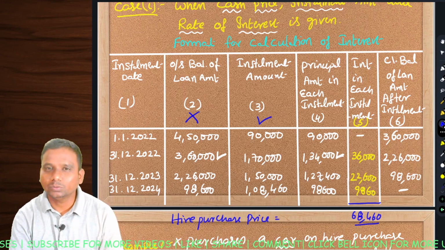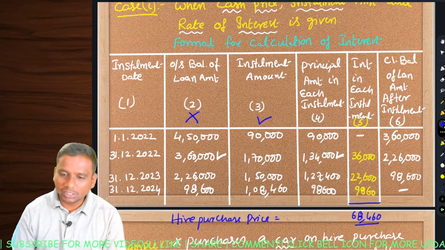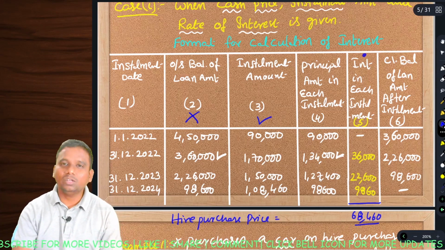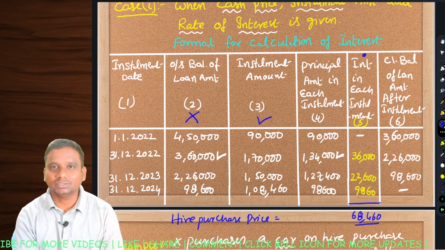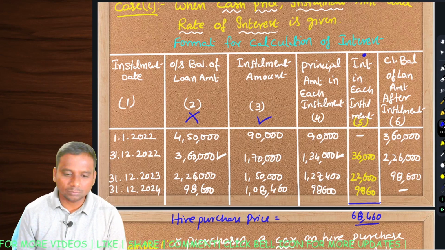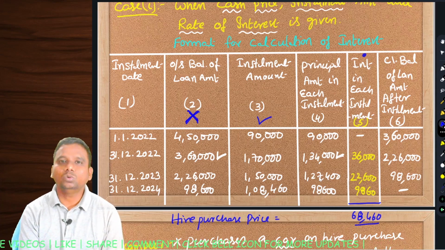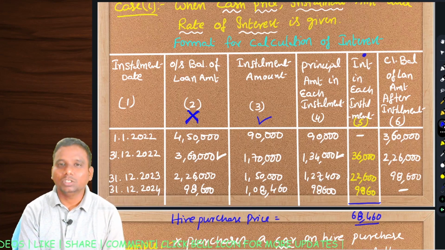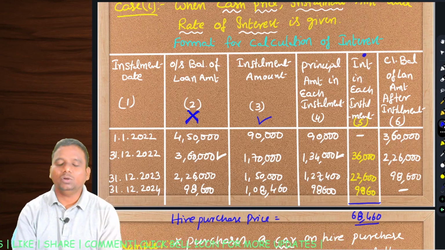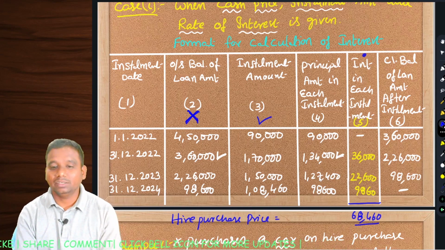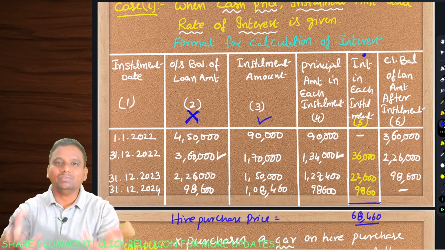Yes or no? Yes. But to calculate interest we need the outstanding balance, and the outstanding balance column has no details. So how do we calculate? Now we should calculate the same format in reverse manner.